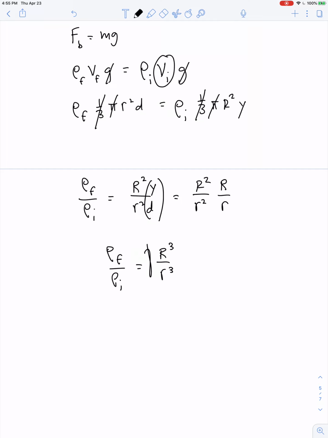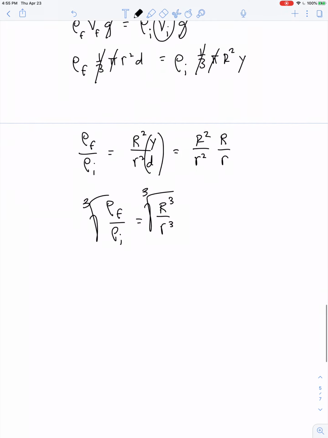So we take the cube root of both sides of the equation, and this gives us big R over little r is equal to, how about I write it a different way? Instead of writing cube root, I raise to the 1/3 power. So capital R over little r is equal to the cube root of the density of the fluid over the density of the ice.